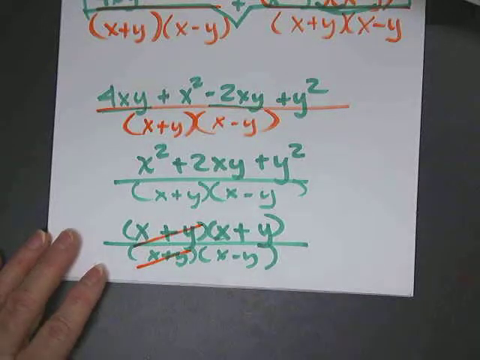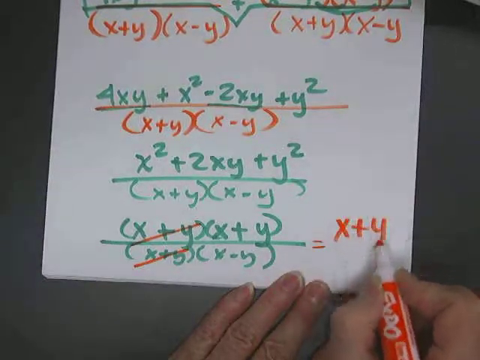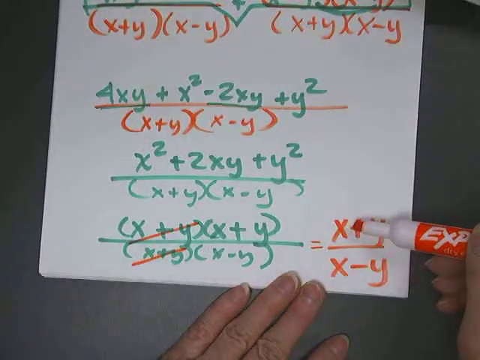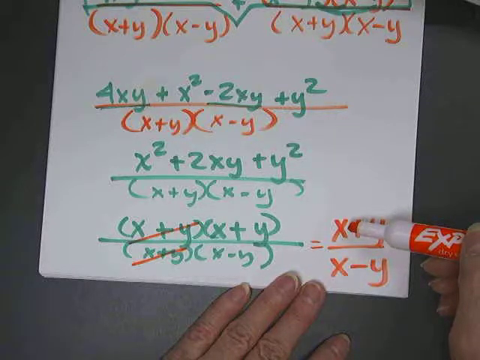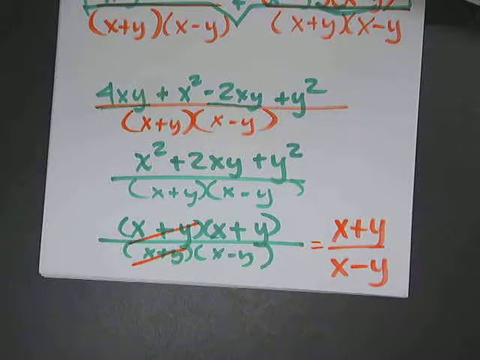Bottom still, common denominator. This is x and x. This is y and y. How are we going to get a positive 2? Plus and plus. Plus and plus. What can we do with that?